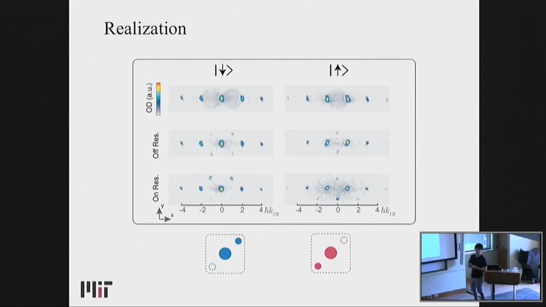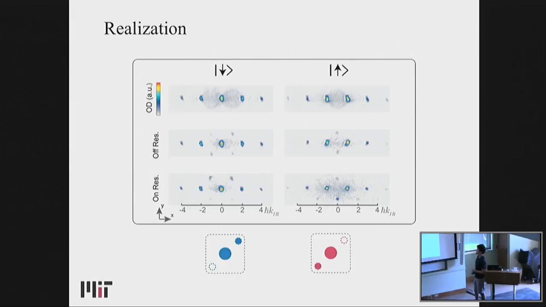They have exactly the same population. However, when we scan the Raman detuning and hit the spin-orbit coupling resonance, which transfers atoms from the left to the right, the population is enhanced on the top line.